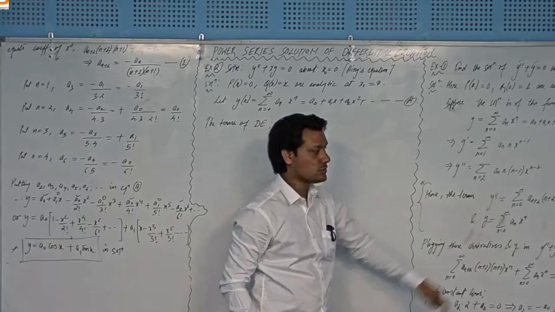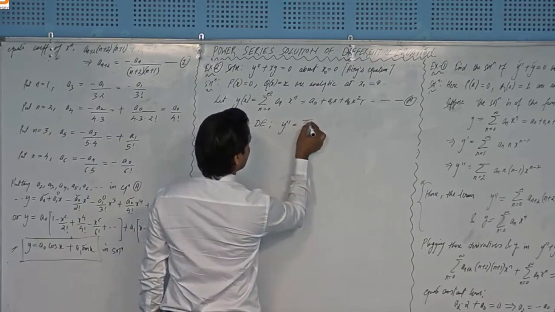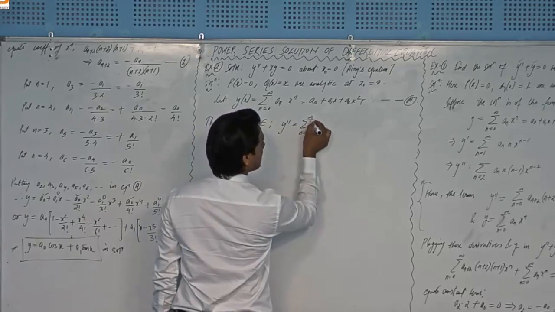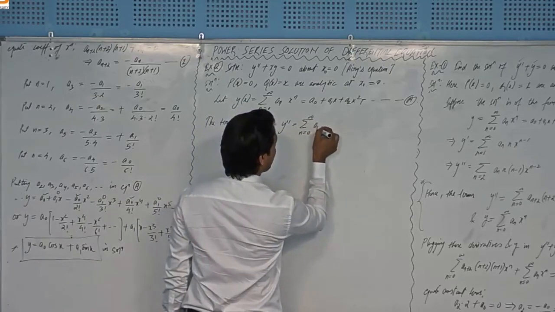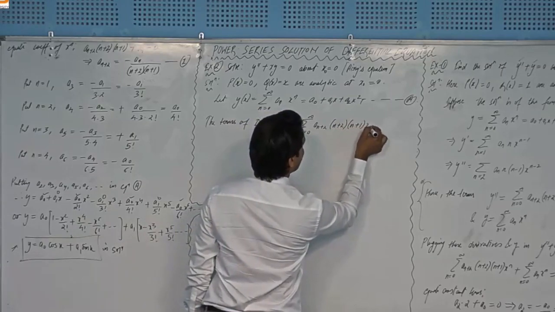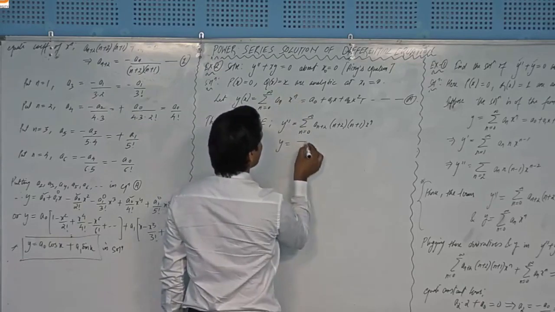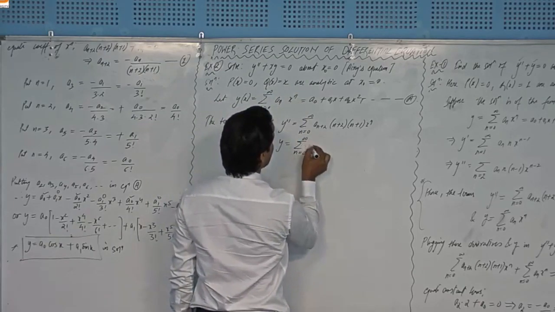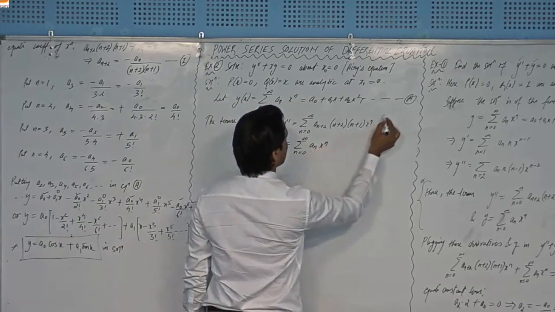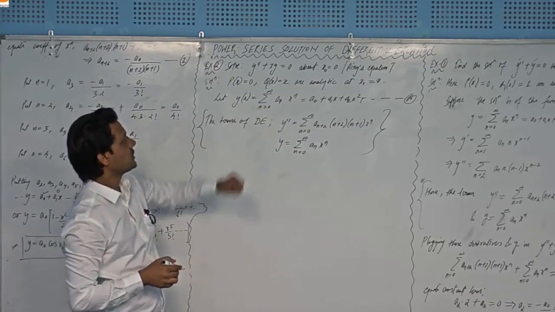So I'm writing y double dash equal to summation n equal to 0 to infinity a n plus 2 times n plus 2 times n plus 1 x to the power n. And y is still the same, summation n equal to 0 to infinity a n x to the power n. So these are your terms, and you will plug those terms here.